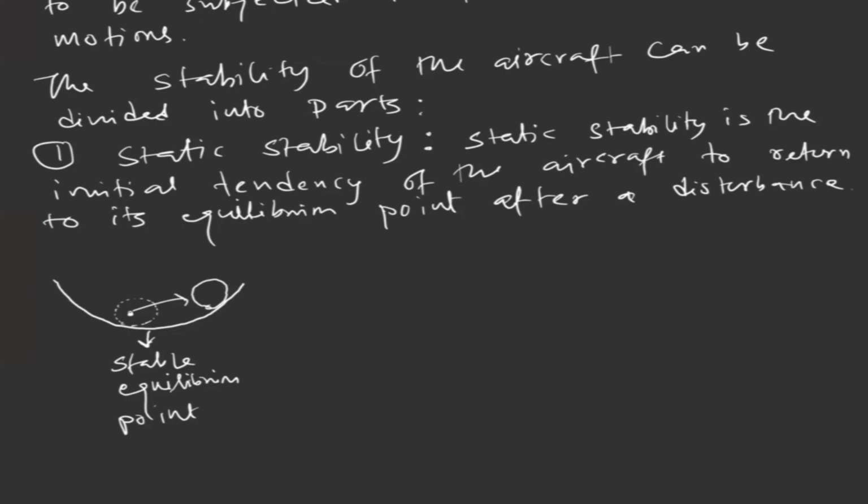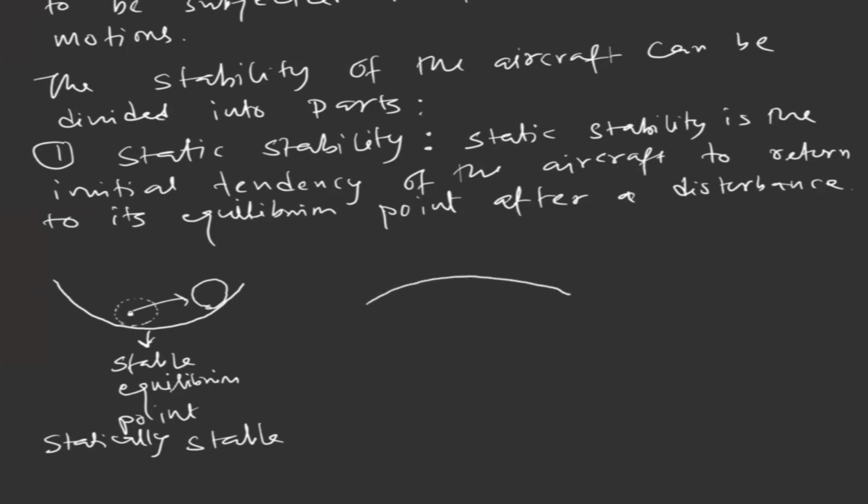If the ball is disturbed from this equilibrium point, it will come back again due to some restoring force acting on the system. So we call this a stable equilibrium point, or we say the system is statically stable.